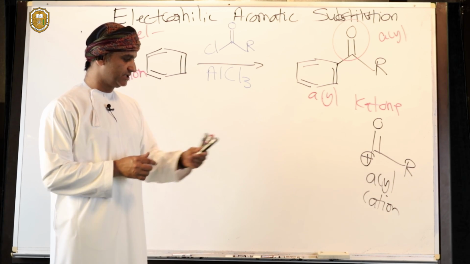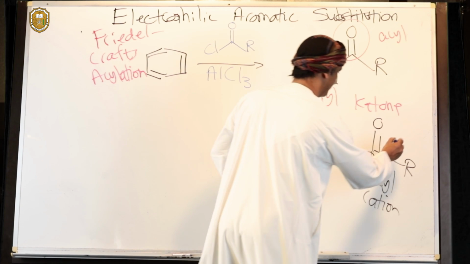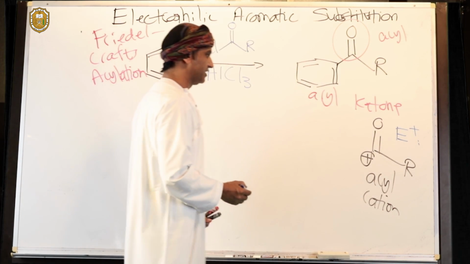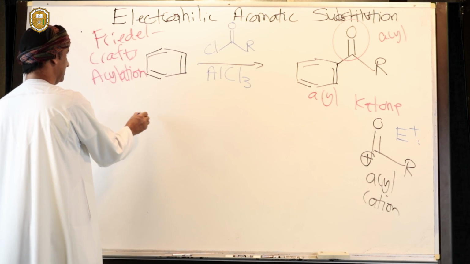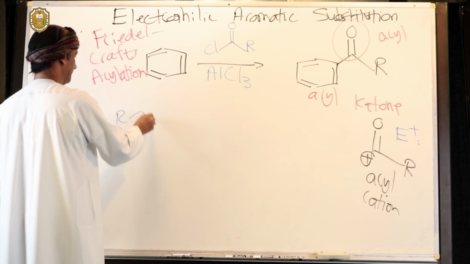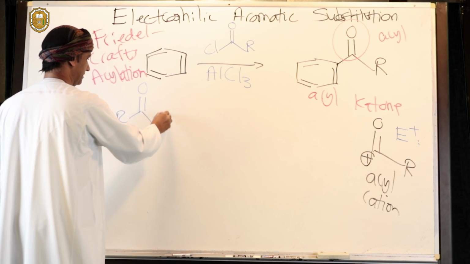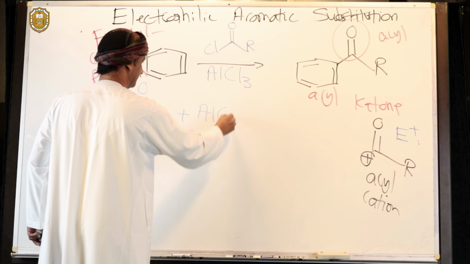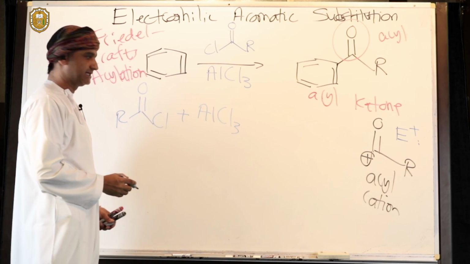So that's what we should try to explain, its formation. So we take now the acid chloride, and then we try to react it with AlCl3, the Lewis acid catalyst.